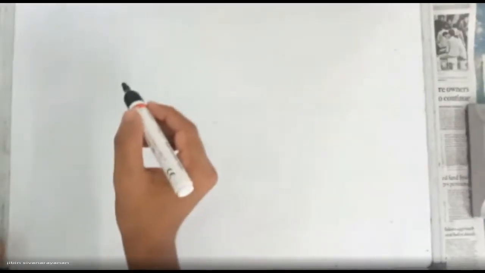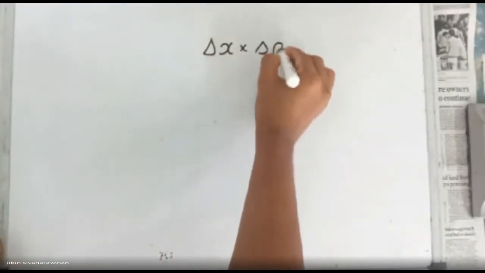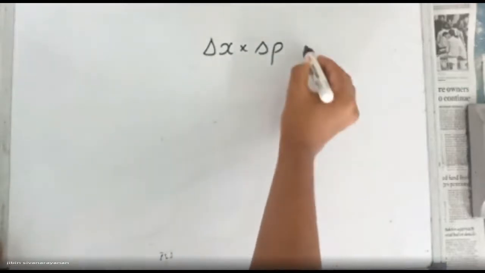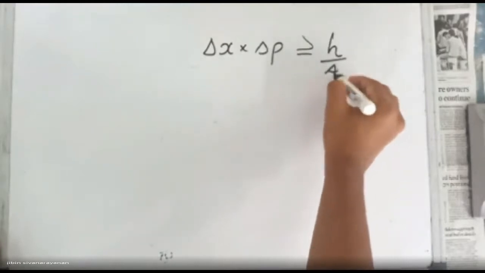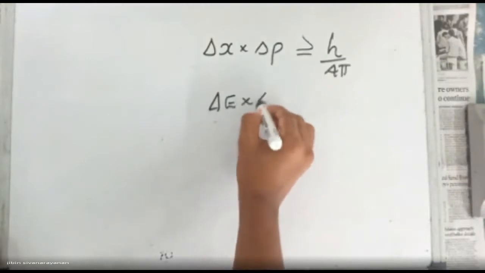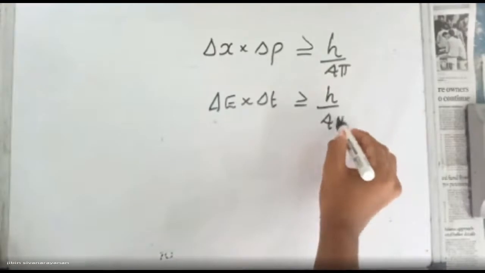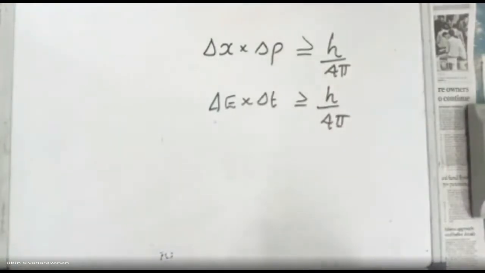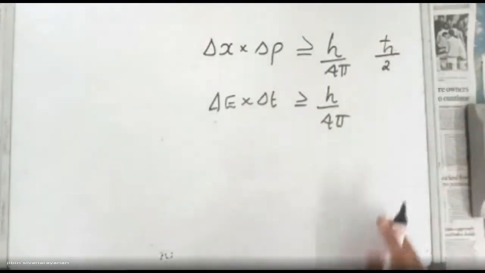Considering position and momentum, delta x into delta p is greater than or equal to h by 4 pi, and we can also use this for energy and time, delta E into delta t, greater than or equal to h by 4 pi, or simply we can write it as h cut by 2.